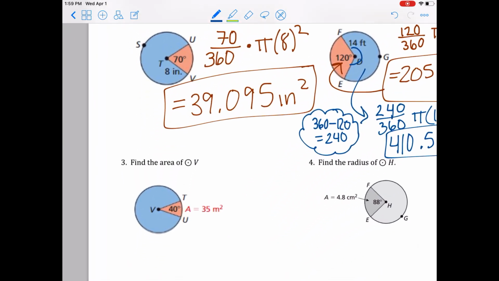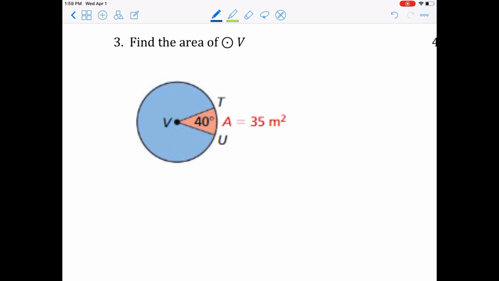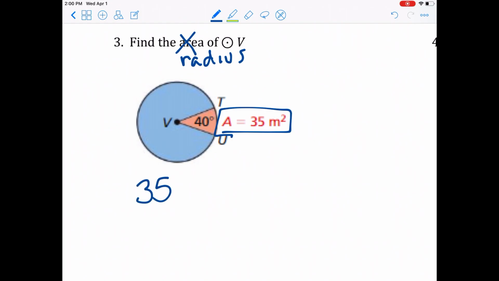Let's move down to these two. These next two, if you notice, it is given our area. So it looks like, oops, this says find the area. It looks like we are going to have to find the radius. So I'm going to put a correction right there.